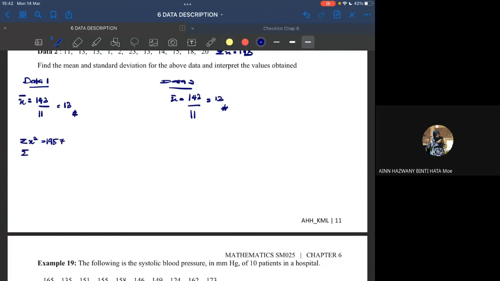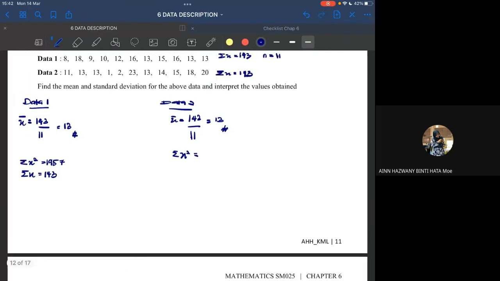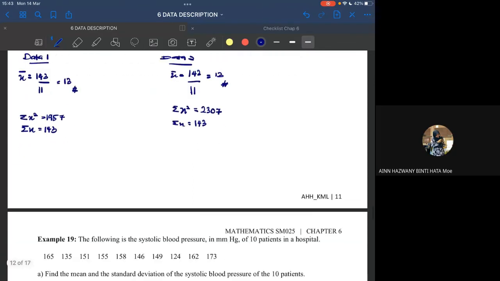Tadi summation of X both is 143. Summation of X square untuk data 2 dapat berapa? 2307. Okay, so now just substitute into the formula lah.